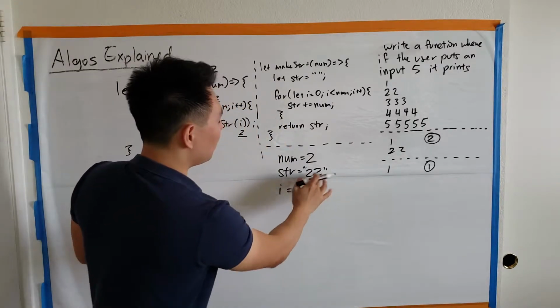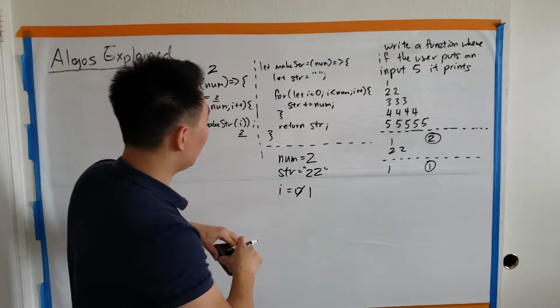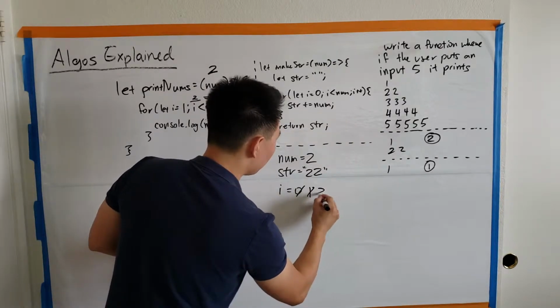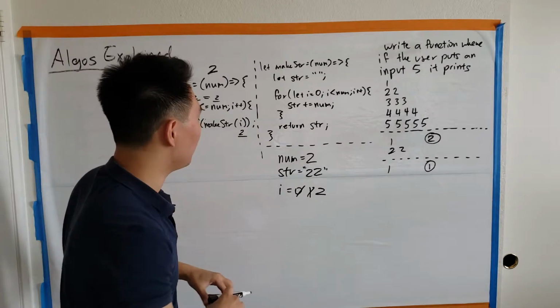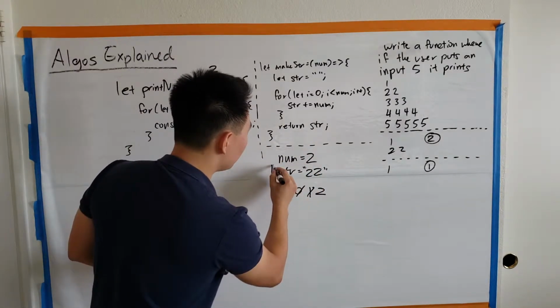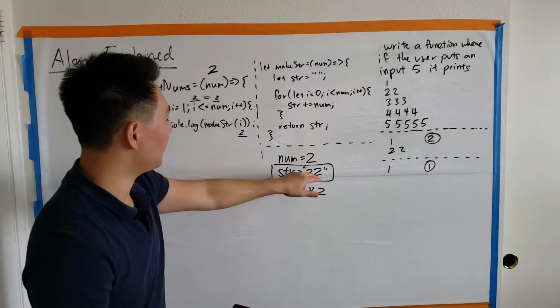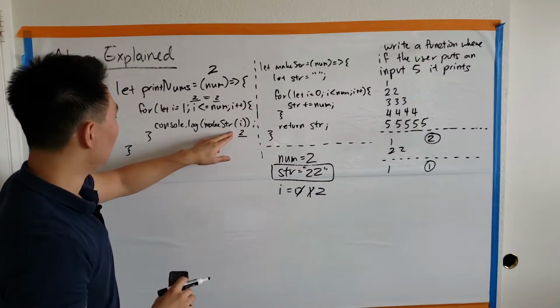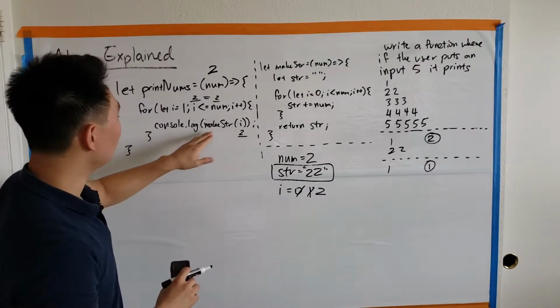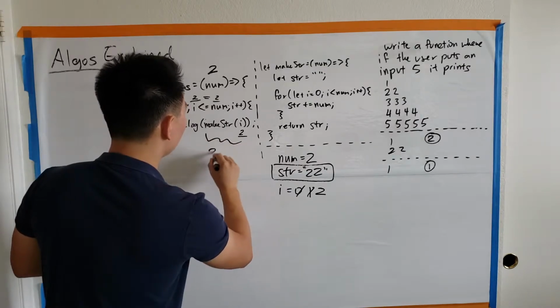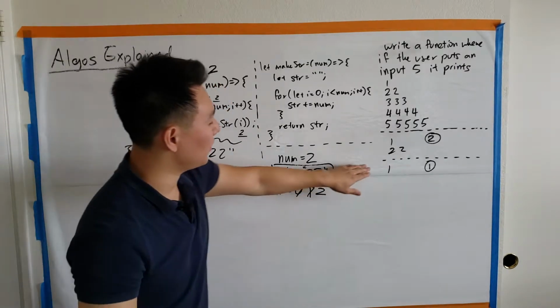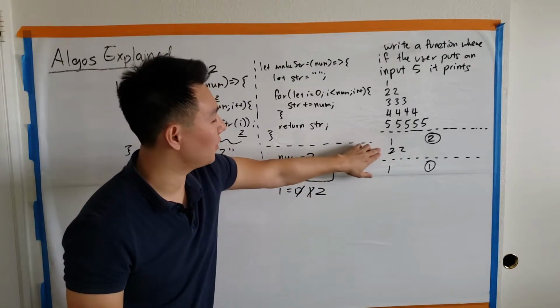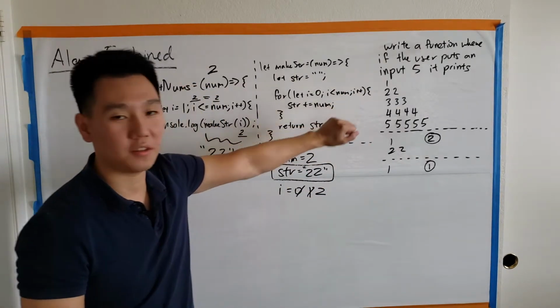Now that's a 2, 2. And i increments over here. That's a 2 now. And now, okay, is 2 less than 2? No, that's false. So we return our string, which is this guy right here. And so that is 2, 2. And we console log the return of this function, which was 2, 2. In the end, if our argument was 2, we already solved for the 1 case, and now we solve for a 2 case. We know that it'll work for the rest of them also.